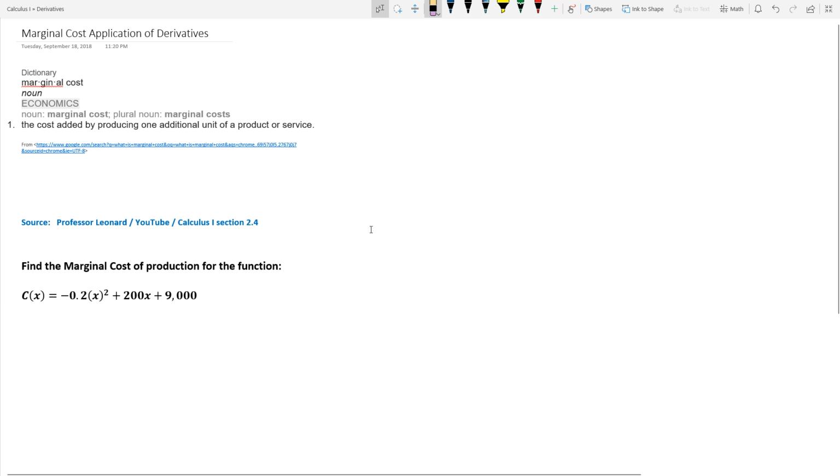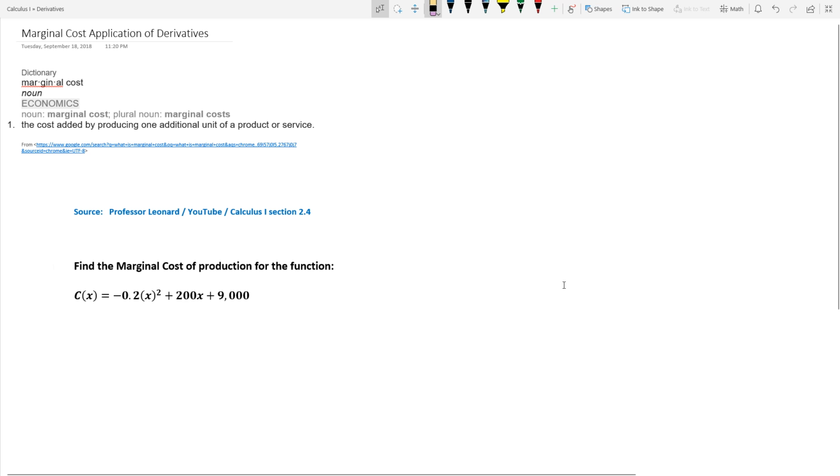So what we're going to do is use derivatives in order to find a calculation that'll allow us to plug in any unit of production we want.